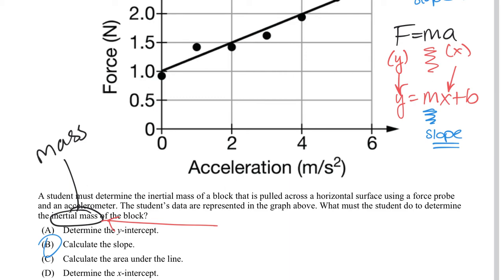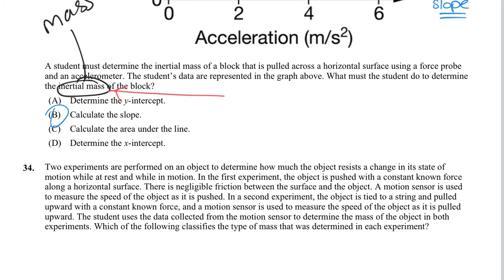Okay, let's go on to the next one. So number 34. Two experiments are performed on an object to determine how much the object resists a change in a state of motion while at rest and while in motion. So inertia. In the first experiment, the object is pushed with a constant known force along a horizontal surface. There is negligible friction between the surface and the object.